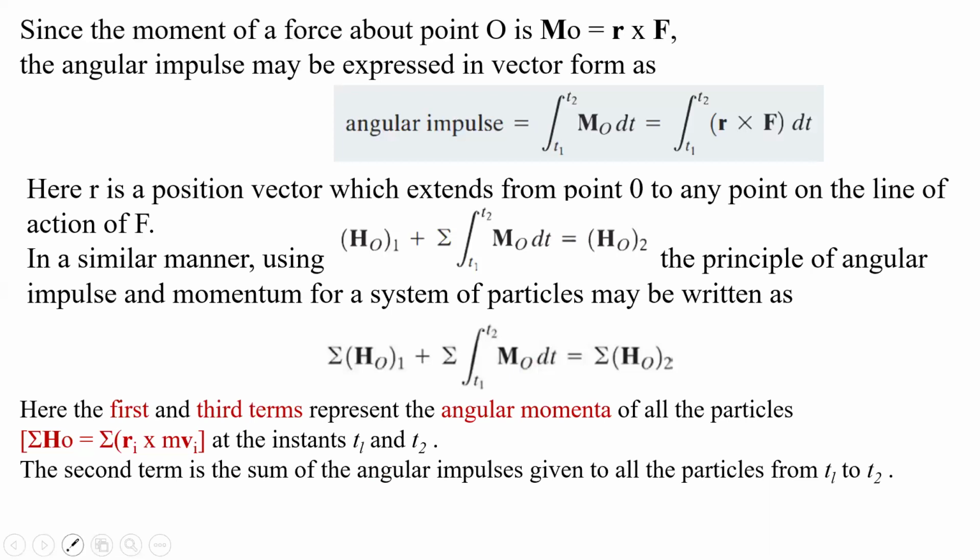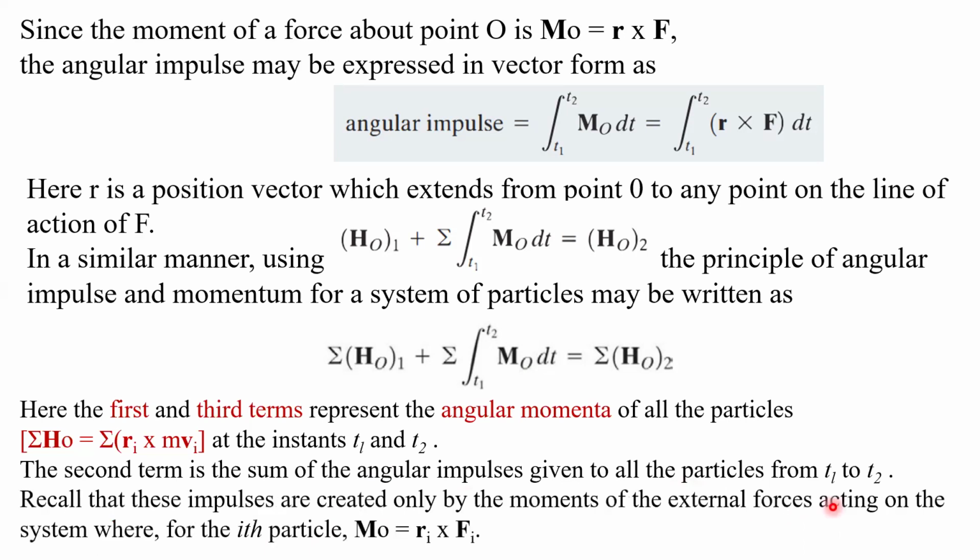The second term is the sum of the angular impulses given to all the particles from t1 to t2, because these impulses are created only by moments of the external forces acting on the system, where for the ith particle, M_O is r_i cross F_i.